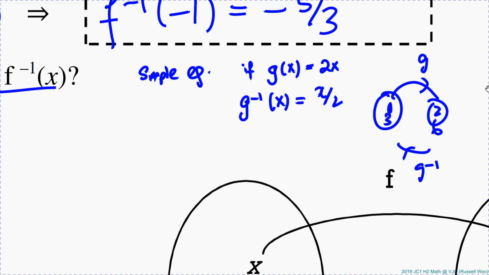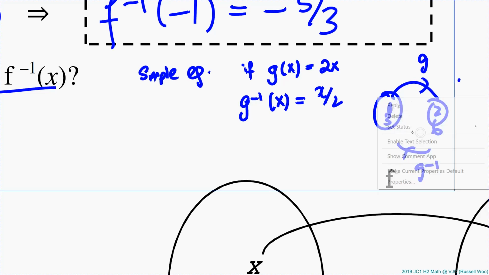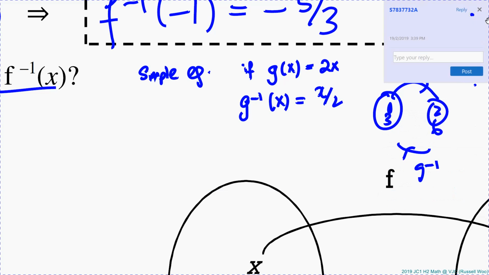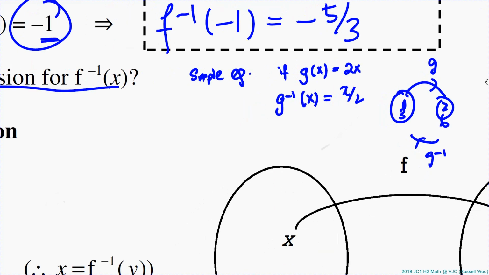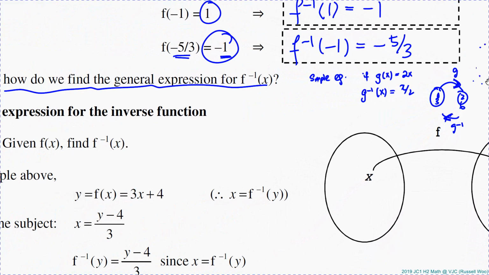This is very intuitive because you go to the right, which is times 2, and you go back left, it should be divided by 2. But of course, that's very simplistic.